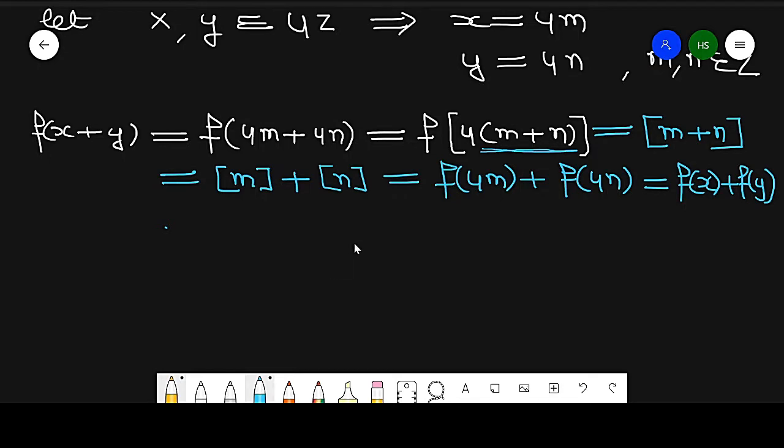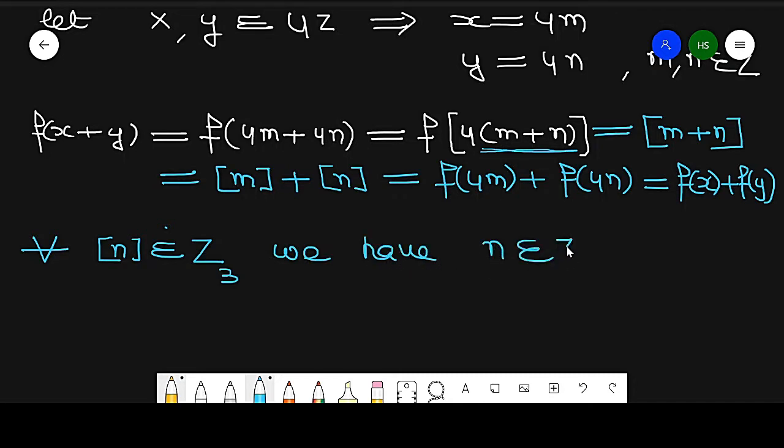Second, onto. So clearly it is onto. Why? Because for every residue class in Z3, we have n belonging to Z such that f of 4n is equal to the residue class of n, right?